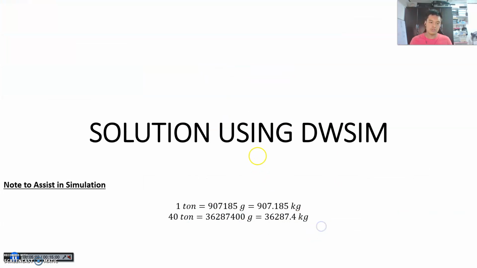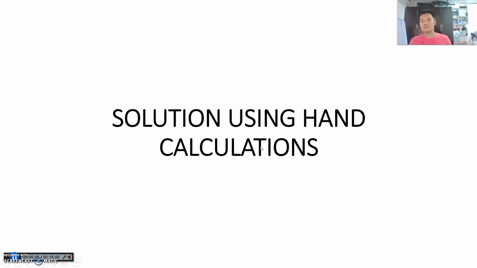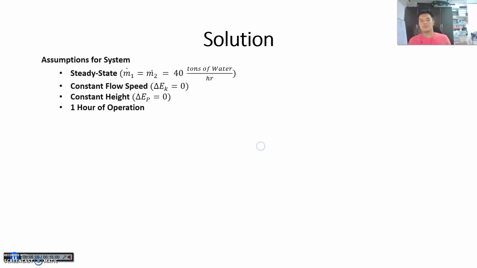Well then, going back to the PowerPoint, I will also try to solve this using hand calculations. To assist, we need to make some assumptions for the system. As said earlier, it is at steady state, meaning the mass flow rate in is equal to the mass flow rate out. Constant flow speed, meaning that the liquid speed does not change as it goes in and out, so the change in kinetic energy is equal to 0.